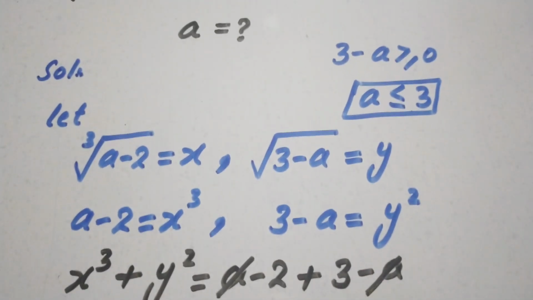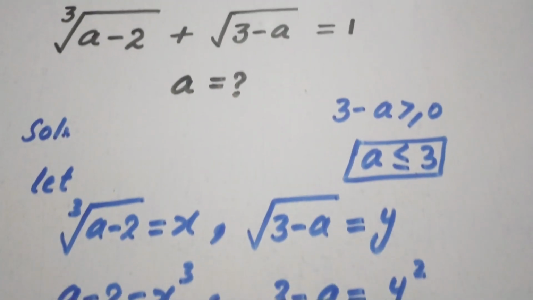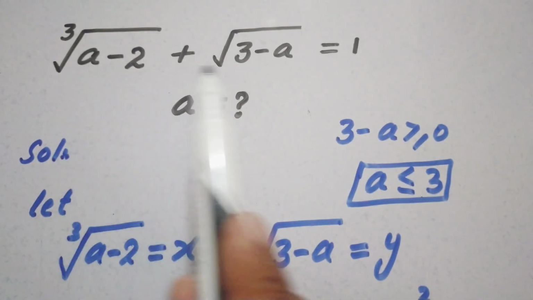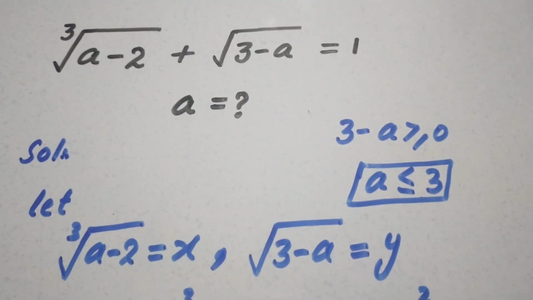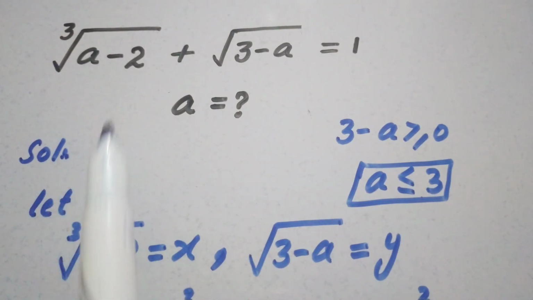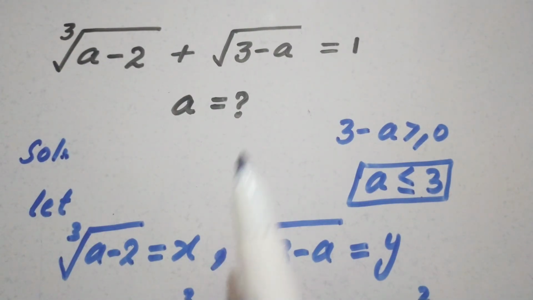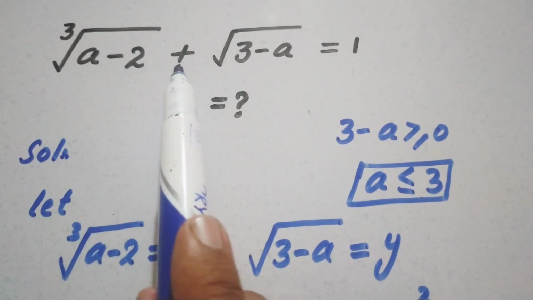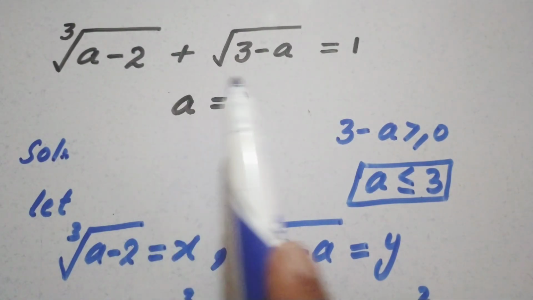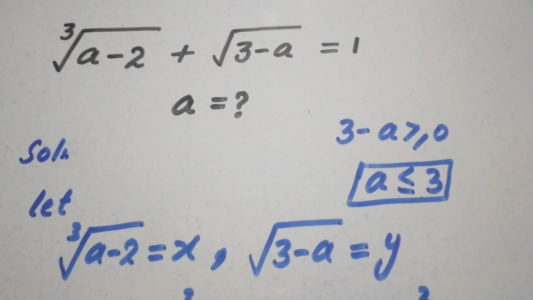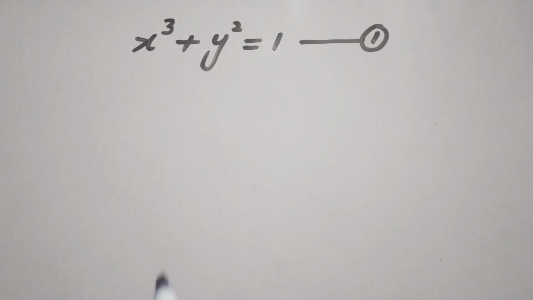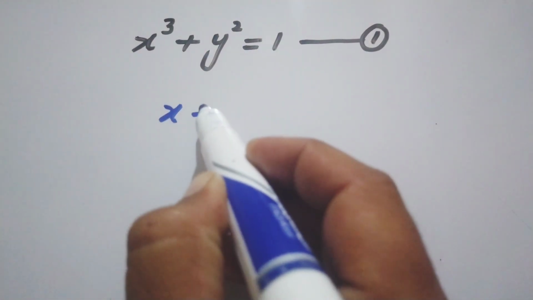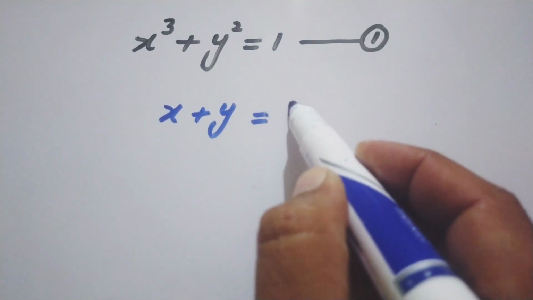Now by using these substitutions in this equation, as we have supposed that cube root of a minus 2 is x and square root of 3 minus a is y, this will become x plus y is equal to 1.